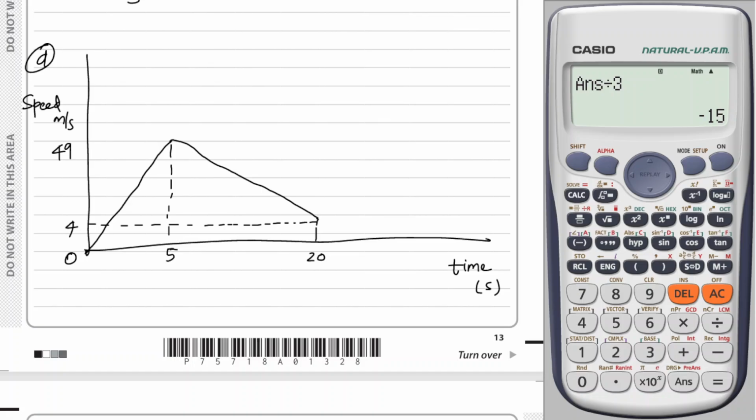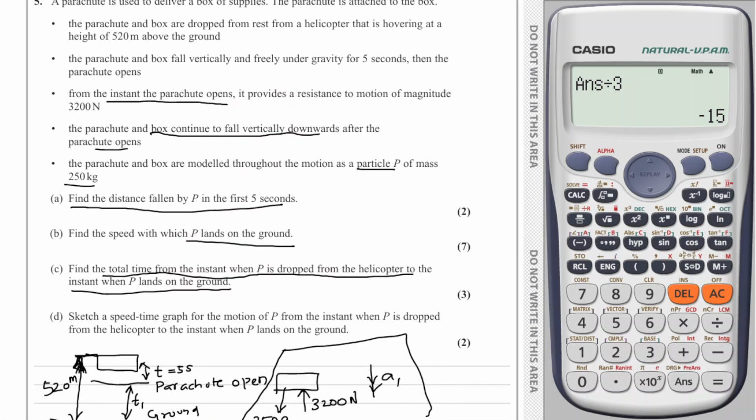So here there is an acceleration period and then a deceleration period after the parachute opens. So this is the speed time graph for the particle from the instant it is dropped from the helicopter to the instant it lands on the ground.